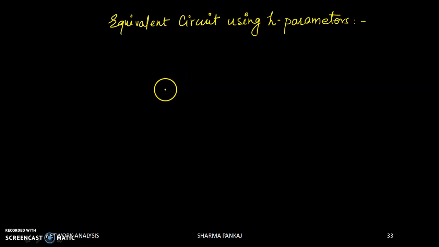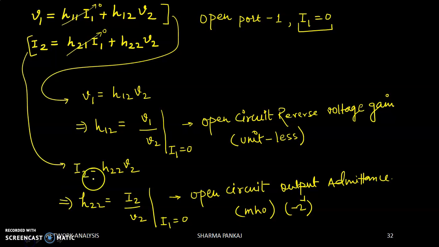By observing equation number 1 and 2, this is your equation number 1 and this is your equation number 2. This is voltage output, V1 is equal to H11 I1 plus H12 V2.